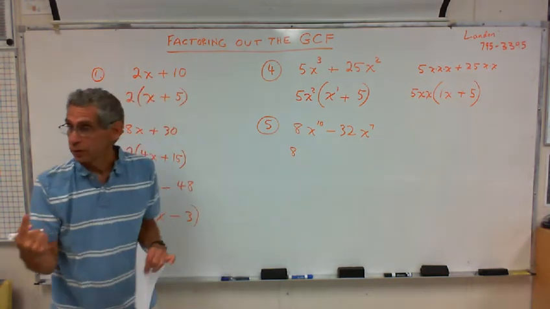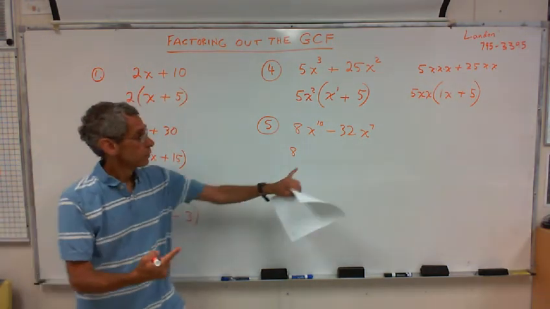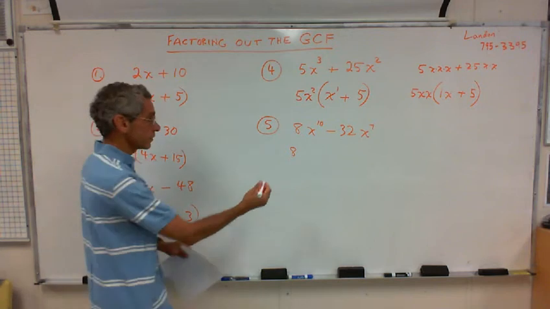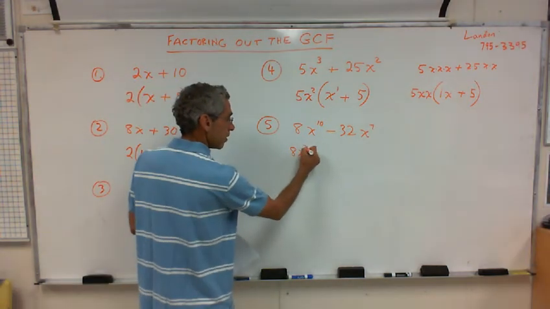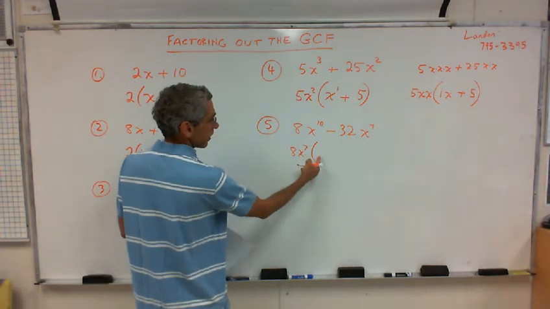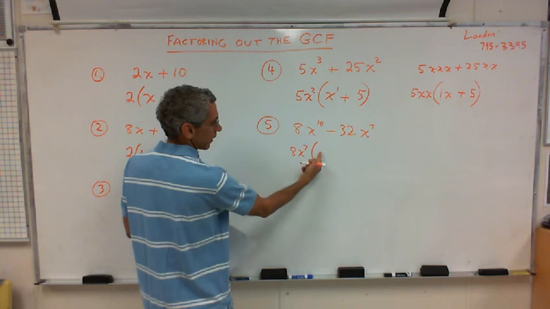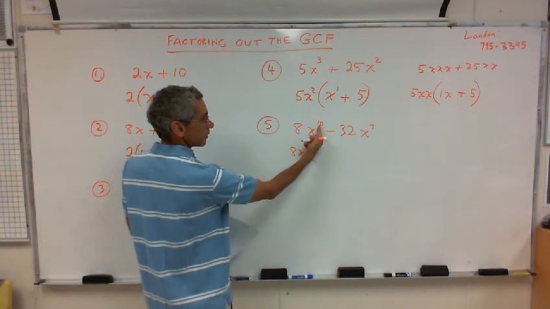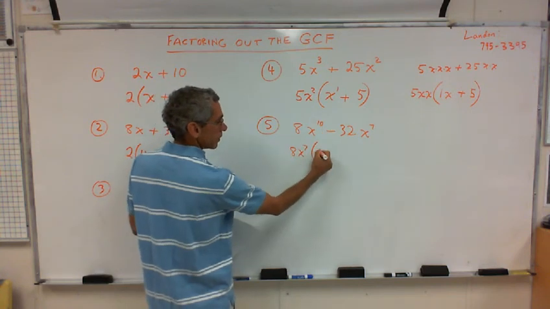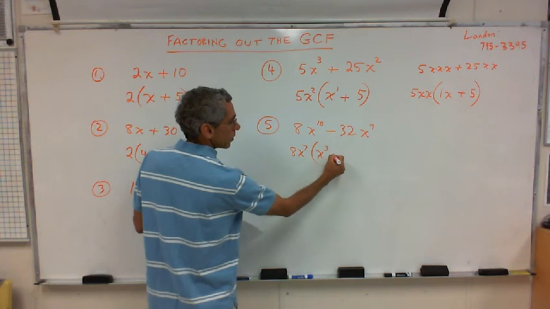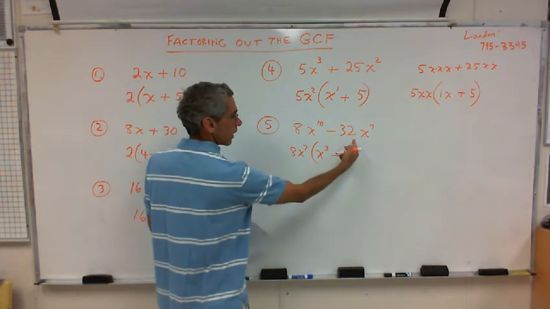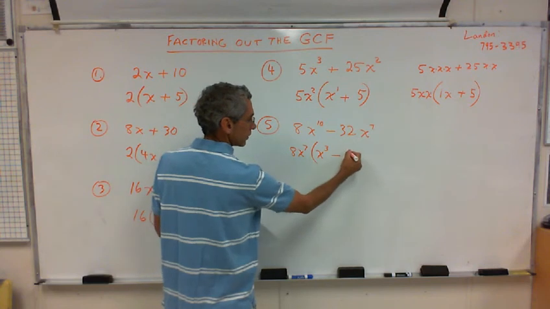I only have 2 options, x to the 10 or x to the 7. It's got to be the one with the smallest exponent, x to the 7. Now, in here, 8 times 1 is 8, so I don't have to write the 1. But x to the 10 divided by x to the 7, I just subtract, 10 minus 7, it's x to the 3. Minus 8x to the 7 times 4 is 32x to the 7, so 4.